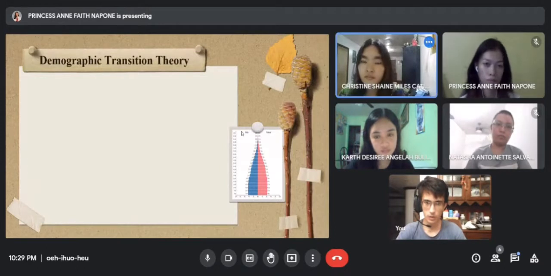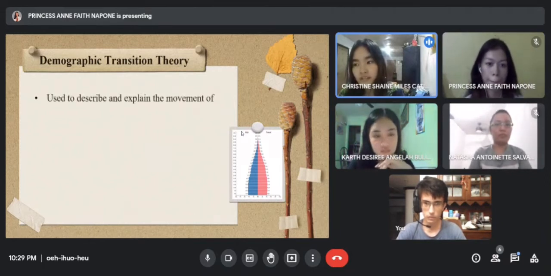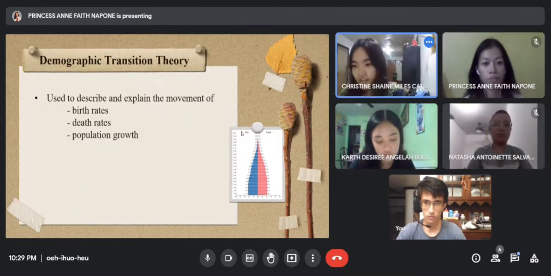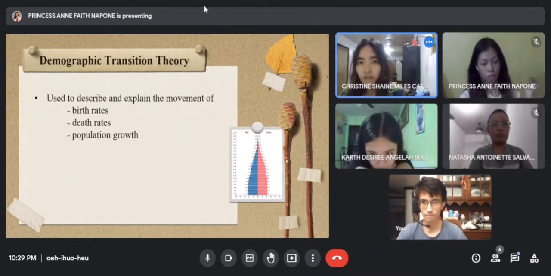Okay, so in demography, there is what we call the demographic transition theory, which is the most prominent explanation for population growth, and it is also known as the classic demographic transition or the first demographic transition. It is the changes in the size of the world's population over a certain period of time.